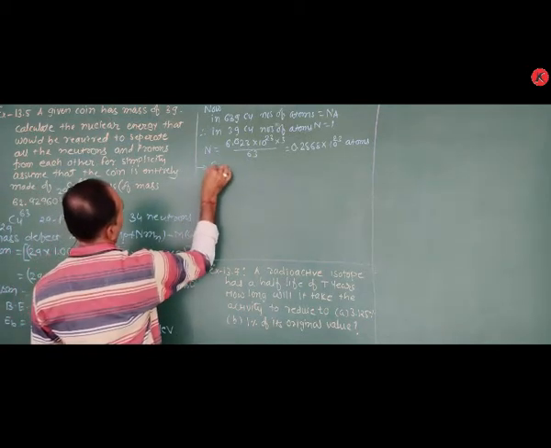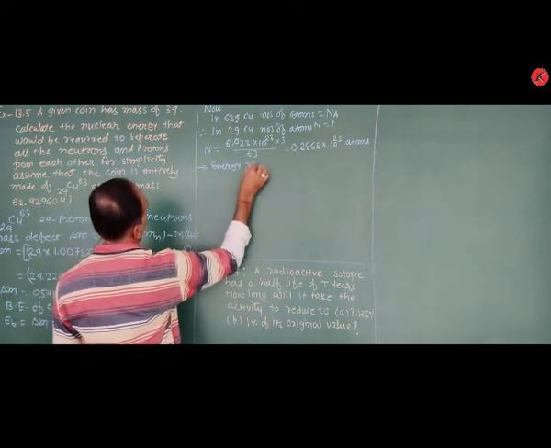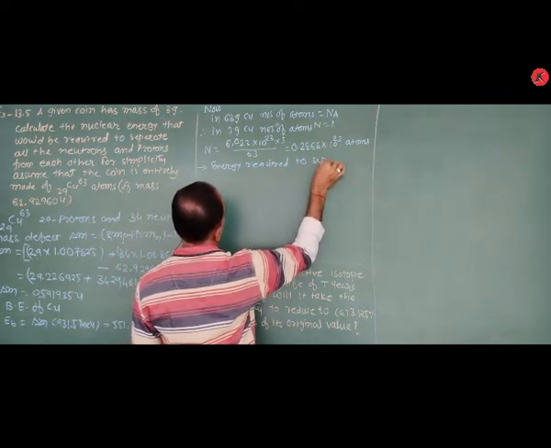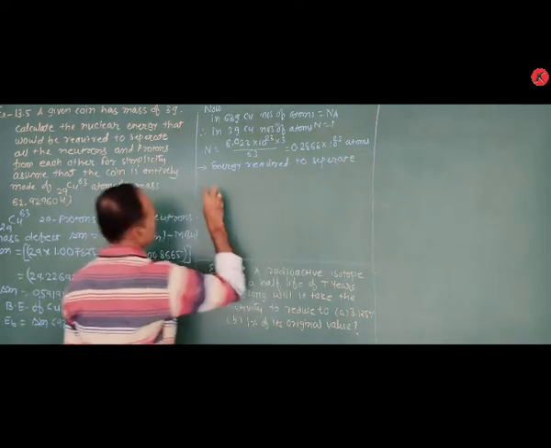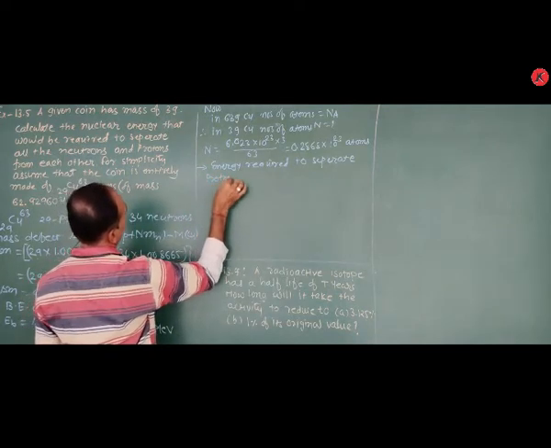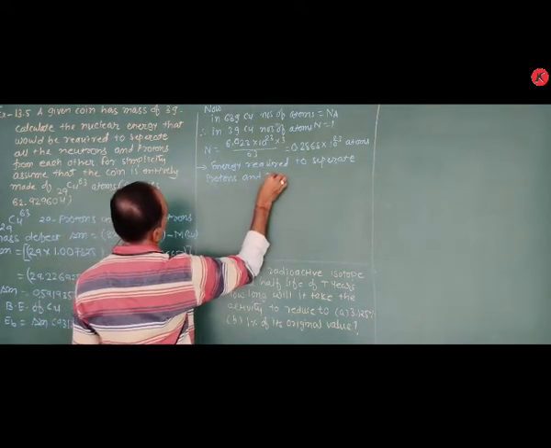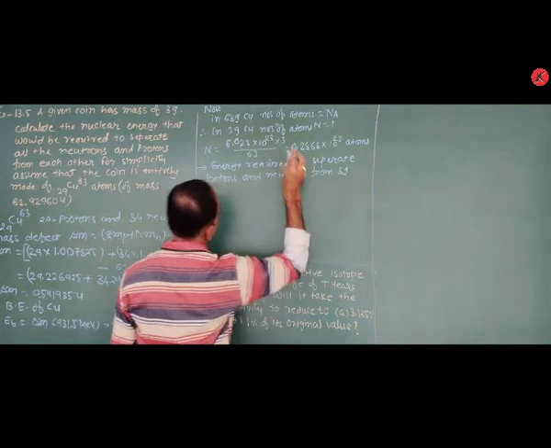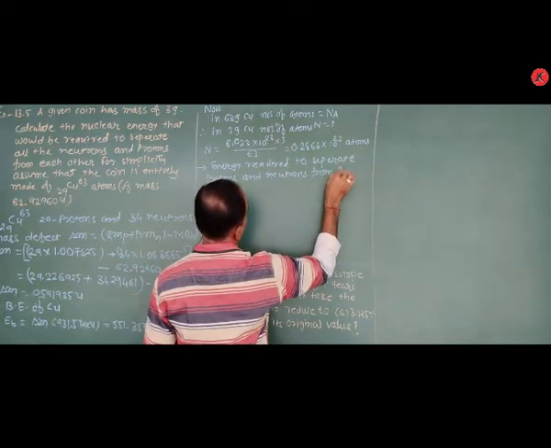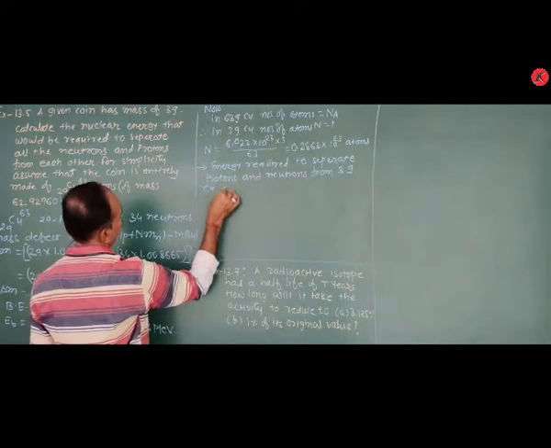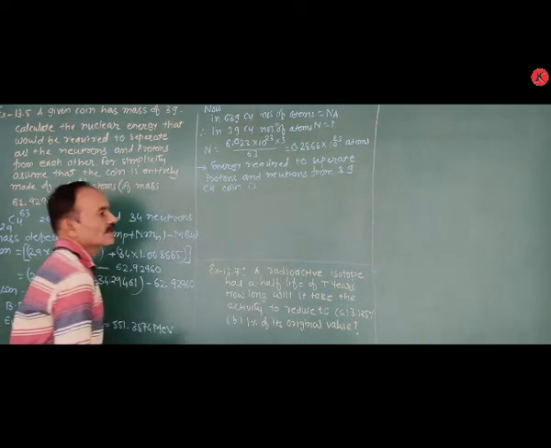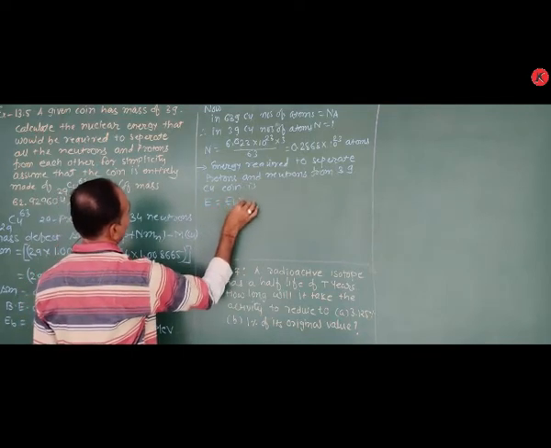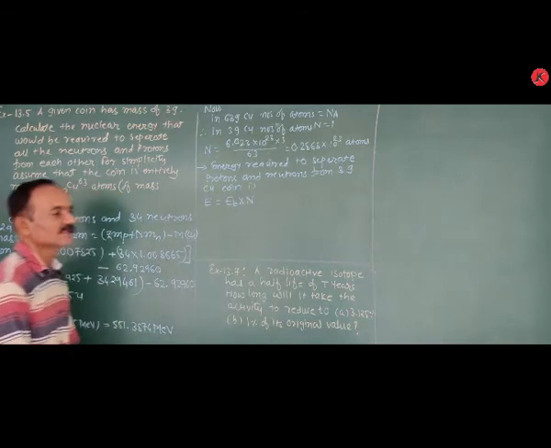Now, the energy required to separate protons and neutrons from the 3 gram copper coin is E, equal to the binding energy E_B into the number of atoms.